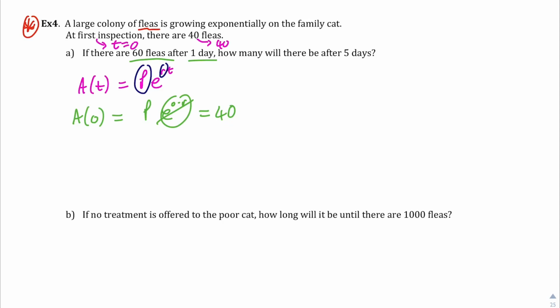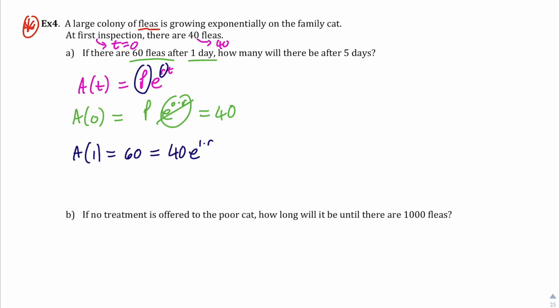We know that after 1 day, A of 1 is equal to 60, and that's 40 multiplied by e to the power of 1 for time, and r for the unknown rate of growth for our fleas.